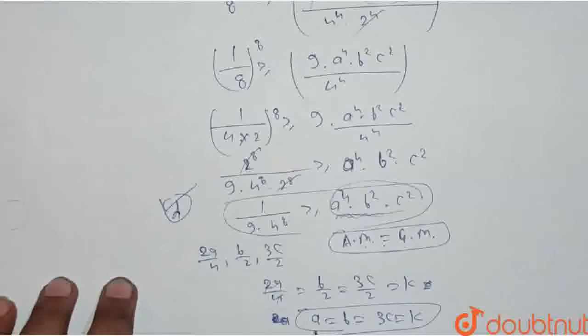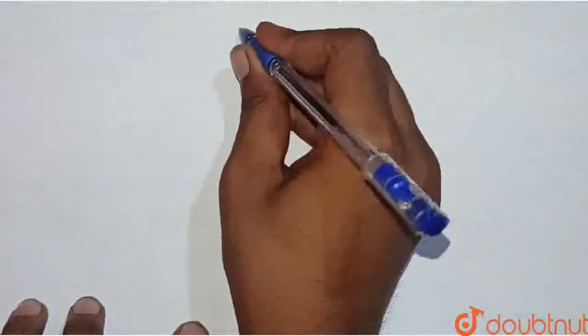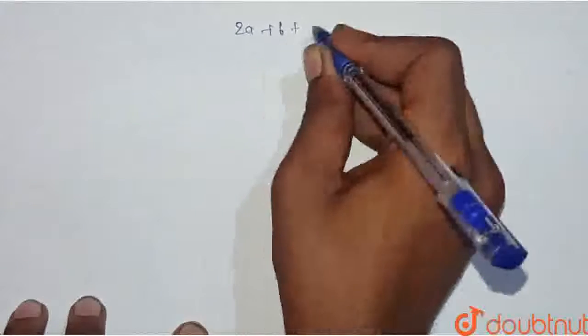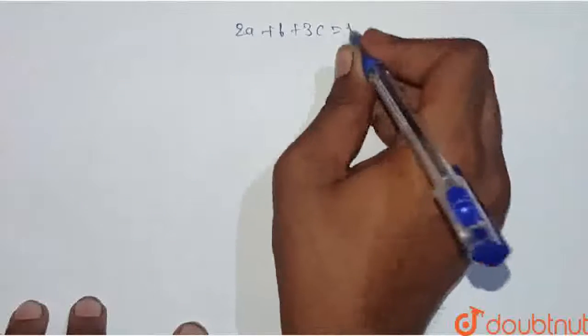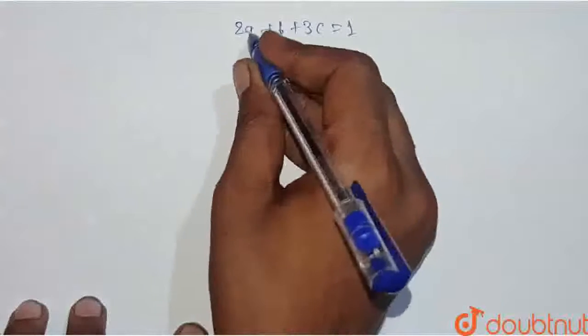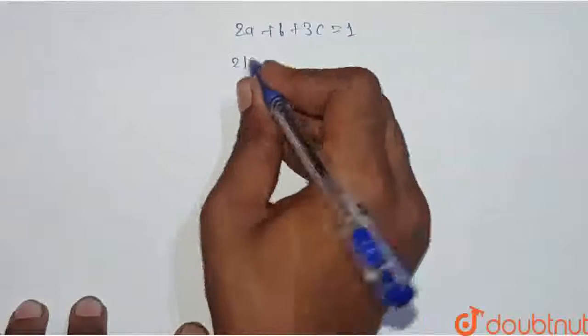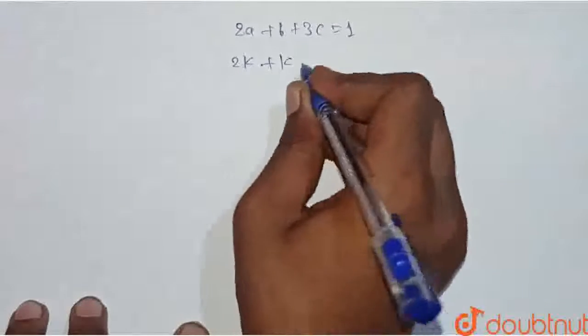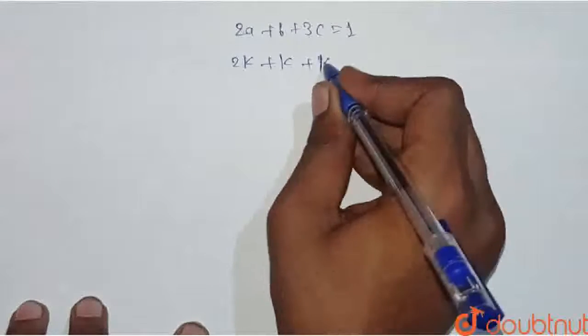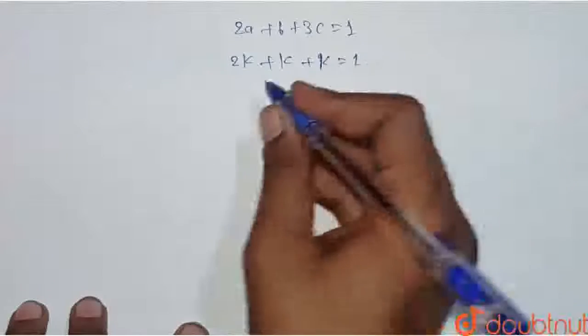So if we put the value of a, b, 3c in the given equation, which is 2a plus b plus 3c is equal to 1. Since we know the value of a in the form of k is k, the value of b is k, and the value of 3c is also k, and the whole summation is 1.